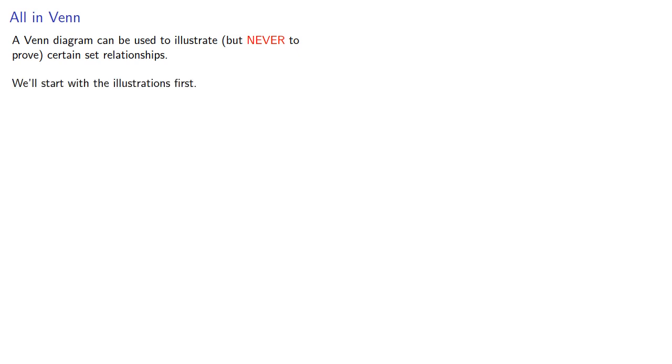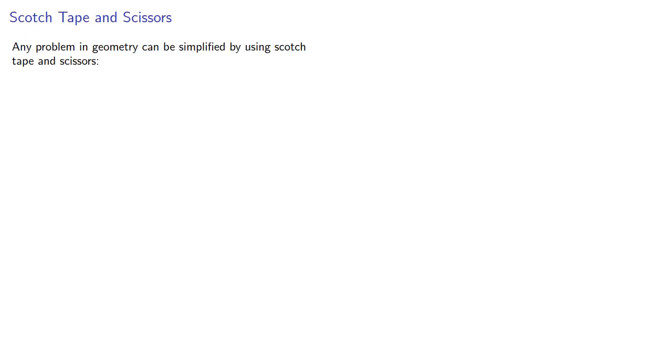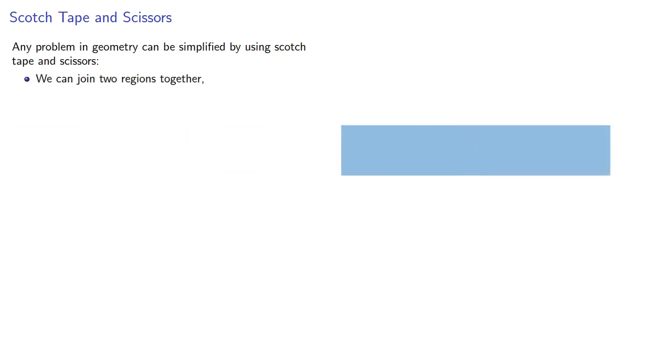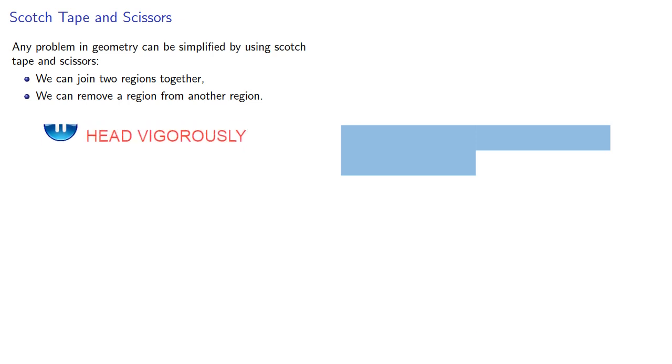Now, part of the reason that Venn diagrams are useful is that a Venn diagram can be used to illustrate, but never prove, certain set relations. We'll start with the illustrations first. So a useful idea is that any problem in geometry can be simplified by using Scotch tape and scissors. We can join two regions together, or we can remove a region from another region.